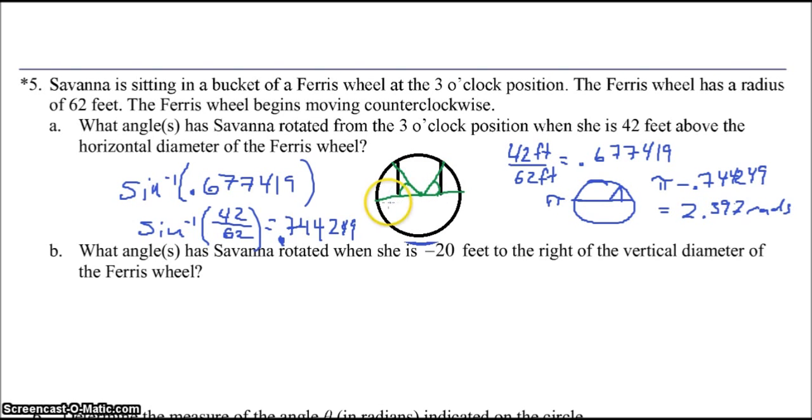These angles are equal. So I really want to find this angle here relative to the 3 o'clock position. To do that, I can take pi, which is all the way across, and subtract the little piece and get the answer. So there are two angles for this solution, 2.397 radians and 0.744249 radians.